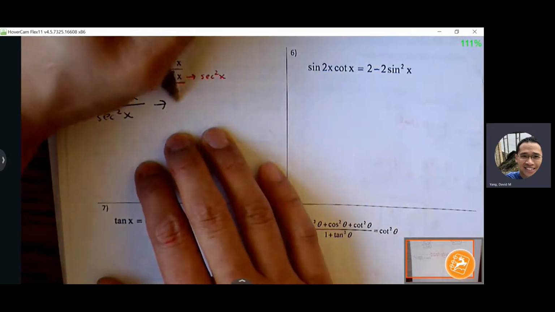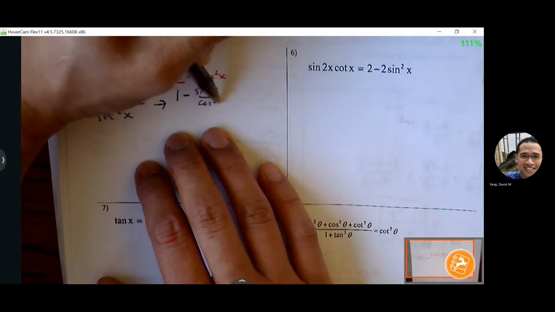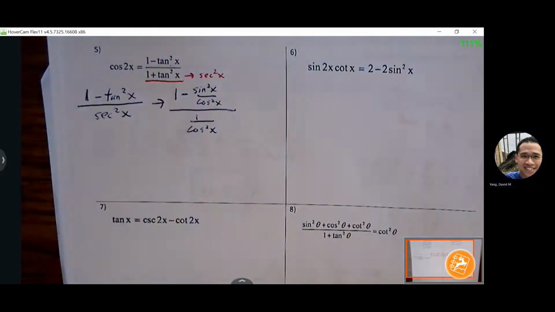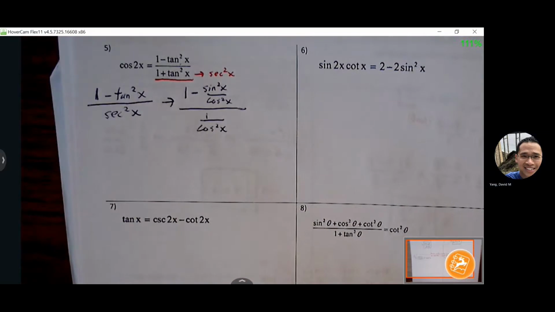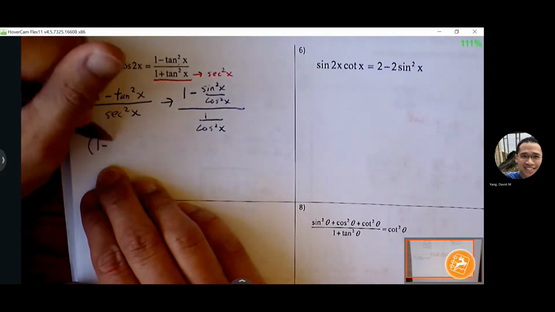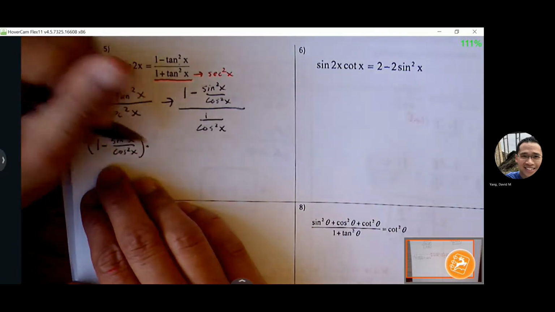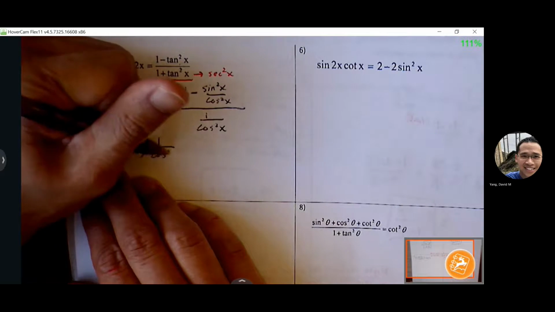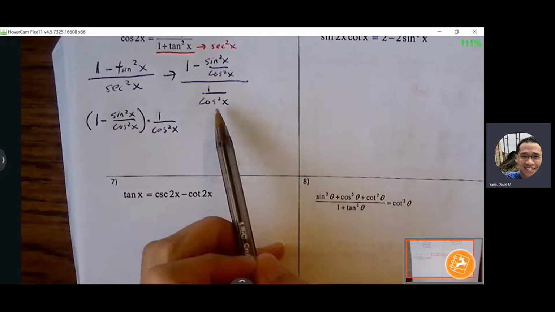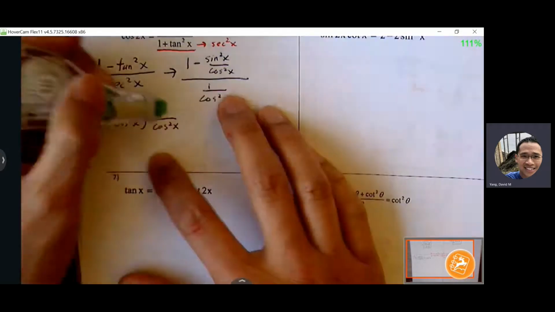That's basically what you're saying, okay? Multiply by the reciprocal. Distribute that 1 over cosine. Oops, sorry. If I multiply by the reciprocal, it's going to become what? Cosine squared, right? Not 1 over cosine squared.